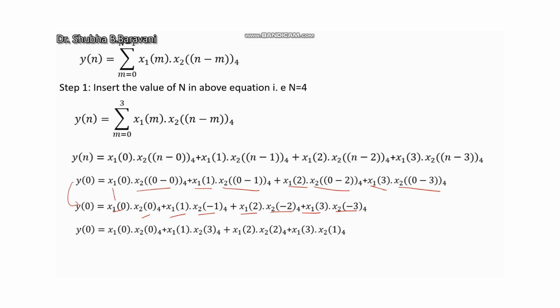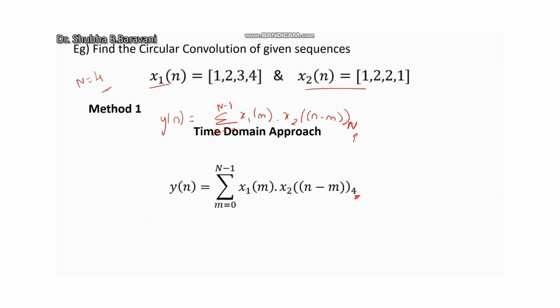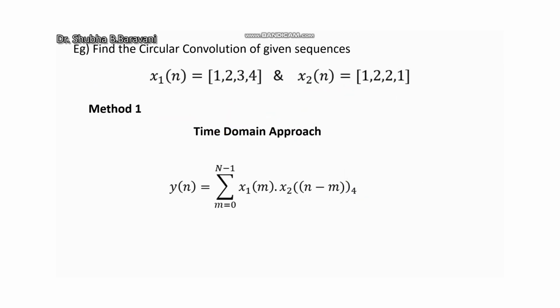Okay, what is this? Now x1 of 0 is okay, x2 of 0 as it is, x1 of 1 as it is. When I look at the main equation and the given sequence, the given sequence is of length 4, wherein the index of x1 starts at 0.